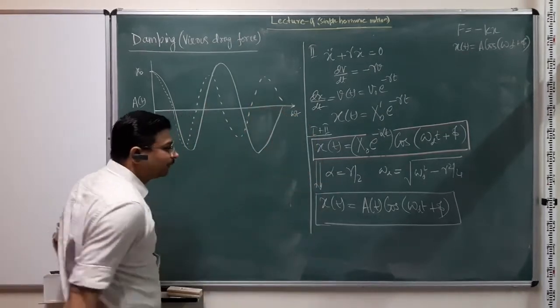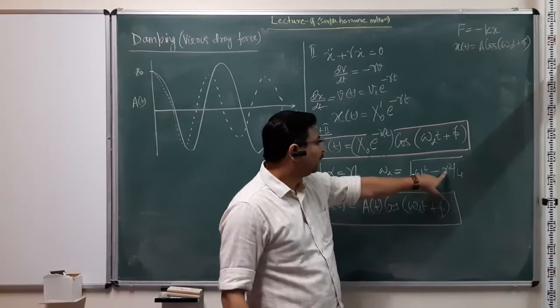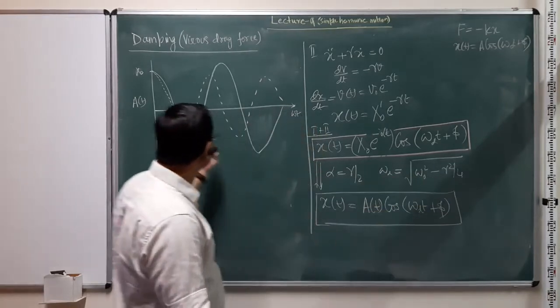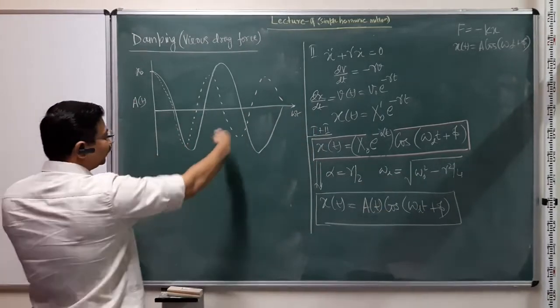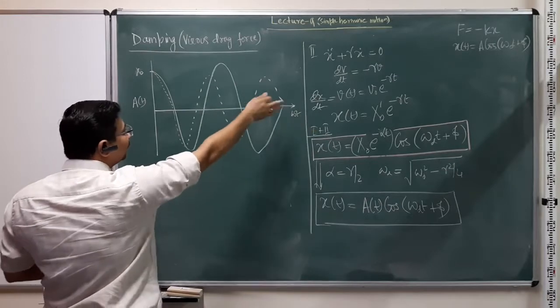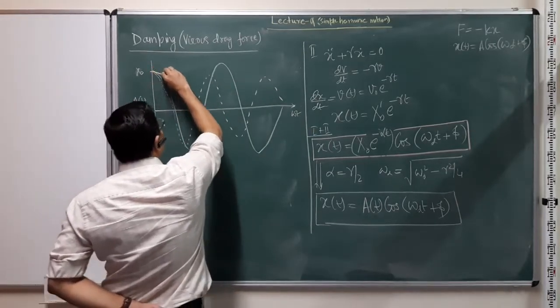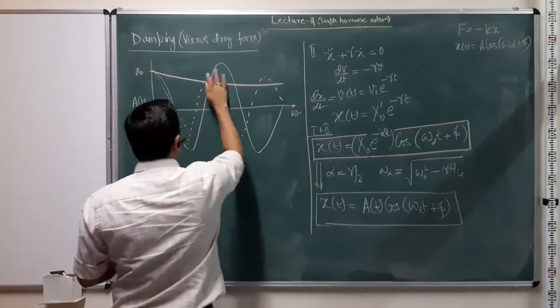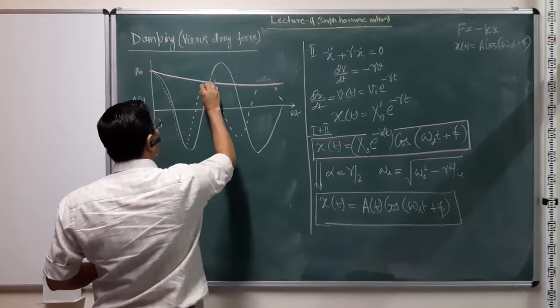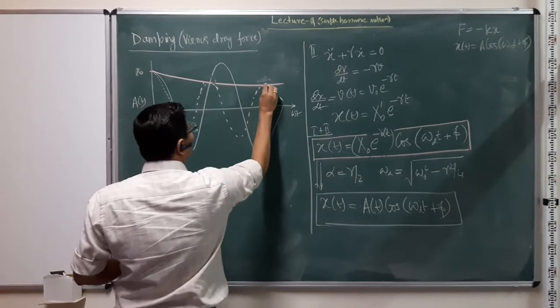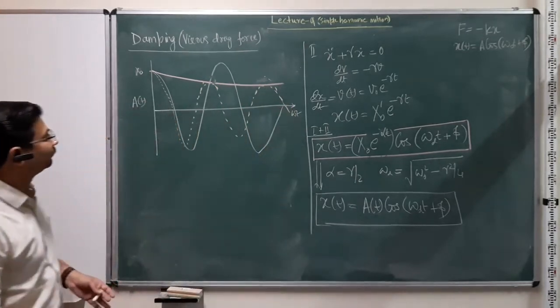And of course, depending on the relationship between omega naught and gamma by 2, over a long time the phase will be very, very different. Let me plot it in a nicer fashion.